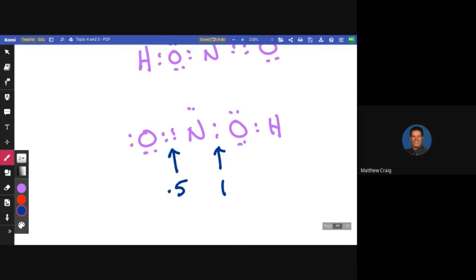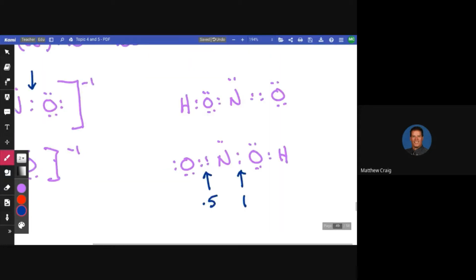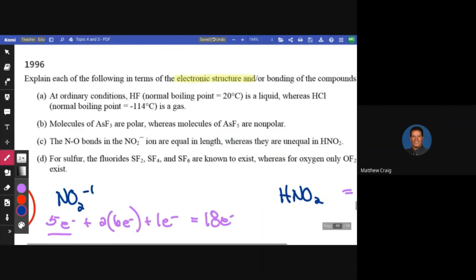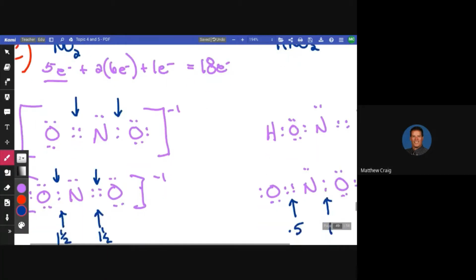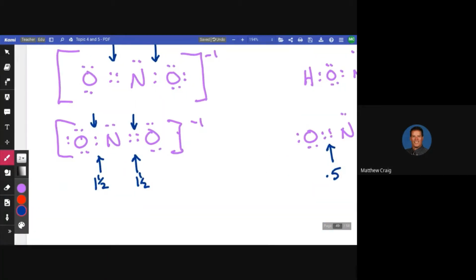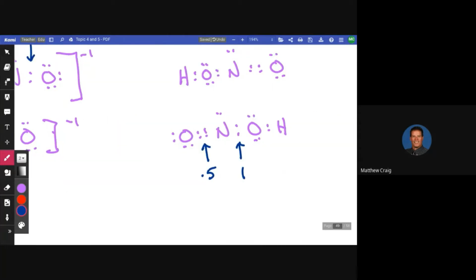So when we are asked the question over here, why the NO bonds in NO2 are equal in length, your answer would be because you have a resonant structure. Whereas the double bond and the single bond are not a resonant structure in this case, since we have the hydrogen attached.